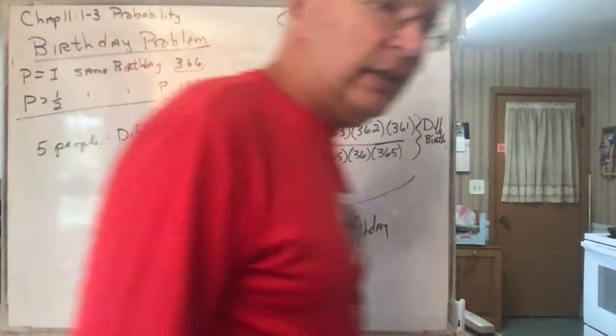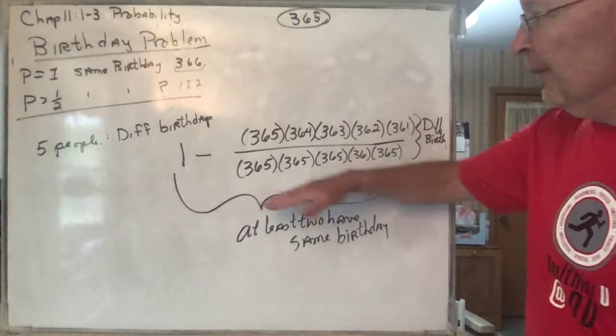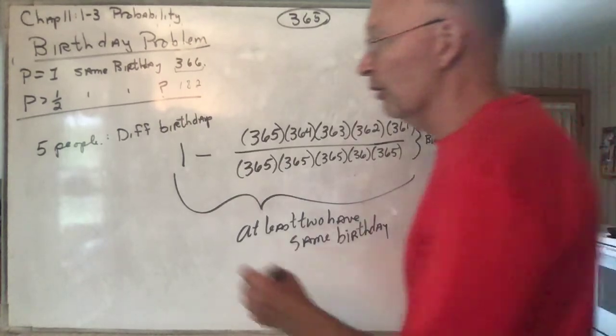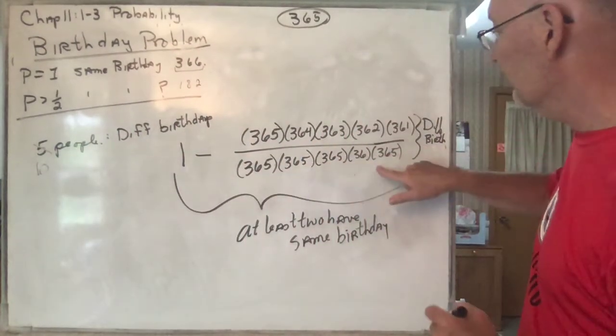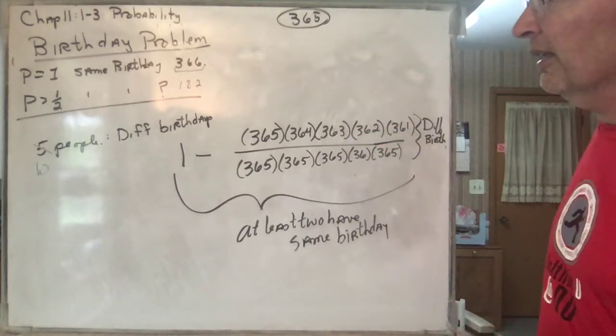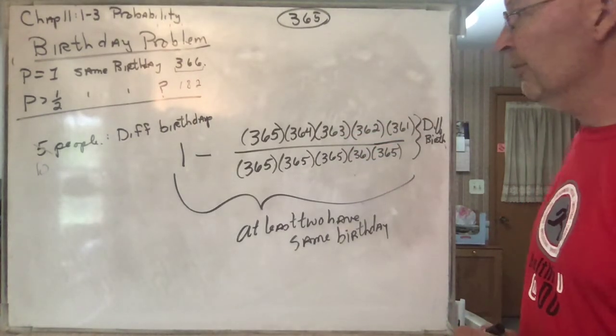So we can do that for any number of people. With 5 people, this is your calculation. If you want to go to 10 people, you do the same thing. You do this out to 10 and you do that out to 10 and you calculate that. So the calculation is pretty simple.